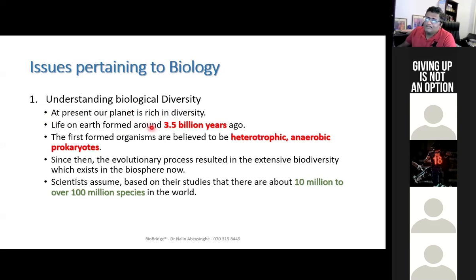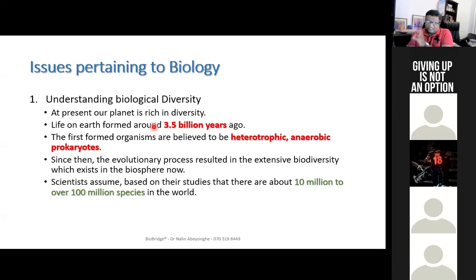Then the other thing, who were the first organisms? Now they are telling us life formed around 3.5 billion years ago, then there should be something which should be mentioned as life. If they say life on Earth formed 3.5 billion years ago, there should be something which represented life at that particular time.